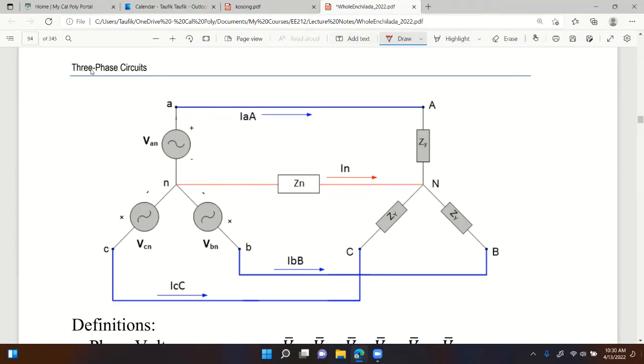Now, as I said earlier, phase voltage is the voltage that appears across each phase. So let's look at phase A, from here to here. That's the first phase. I have this source phase voltage, and so this is our first phase voltage.